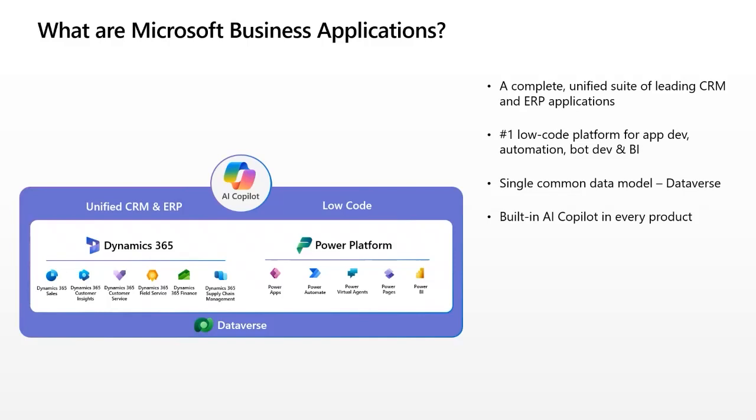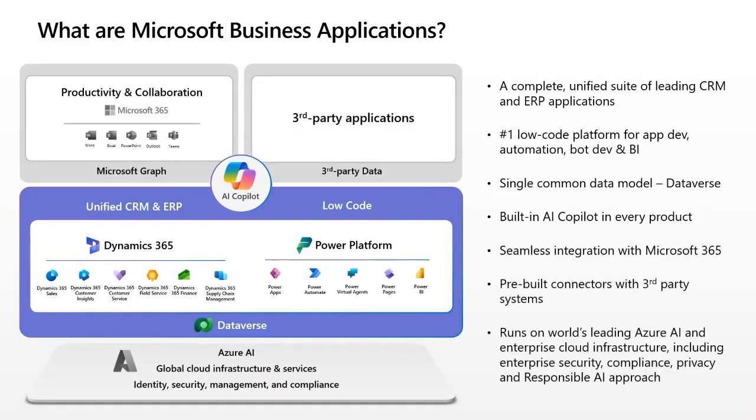So it's very useful for reporting. But just like with Sentinel, it doesn't stop with the Microsoft stuff. Microsoft Business Applications connects also with third-party applications like Salesforce and ServiceNow. So again, we do have that integration part. Okay, that was the quick overview of both Microsoft Business Applications and Microsoft Sentinel.